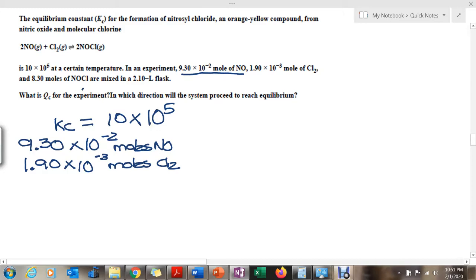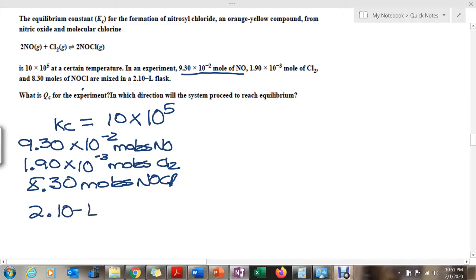And you got 8.30 moles of NOCl. Okay, and they all mix in a 2.10 liter container.